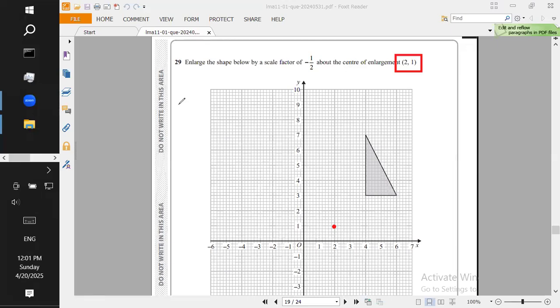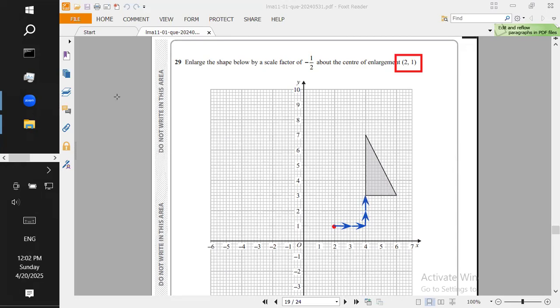First, let me use a thinner line and an arrow, like this, just to explain the distance, and a blue line. Starting from the center, I have to go 1, 2 to the right, and then 1, 2 up.